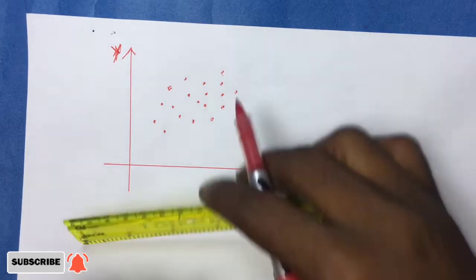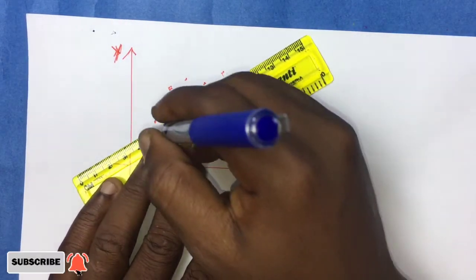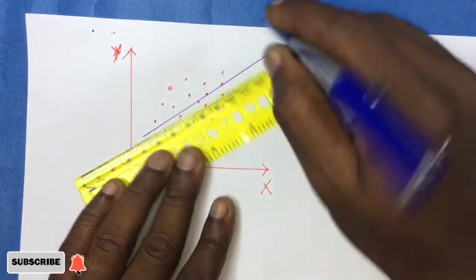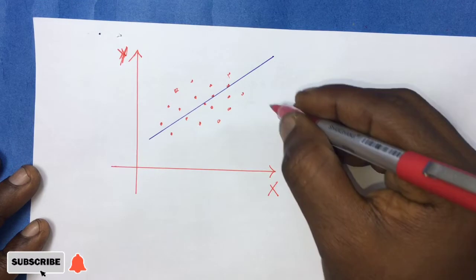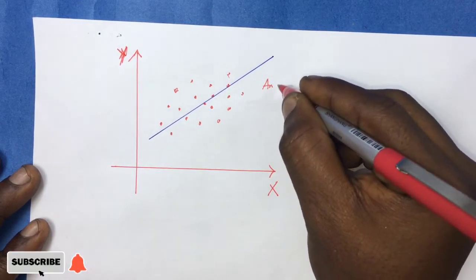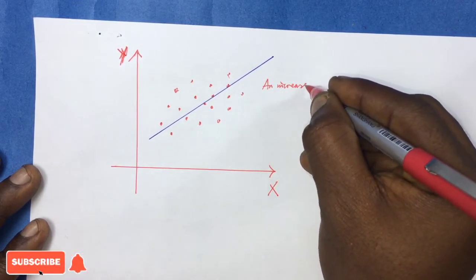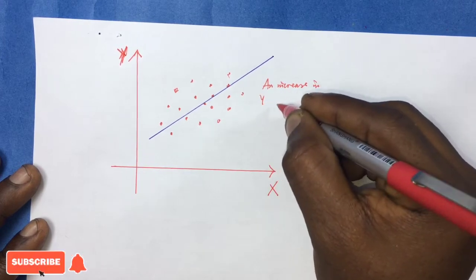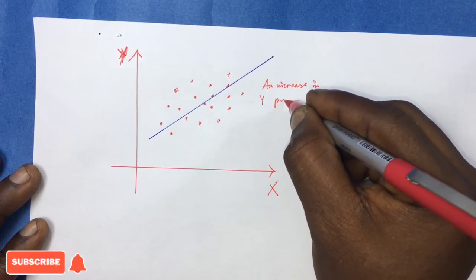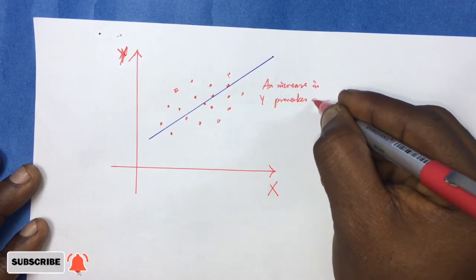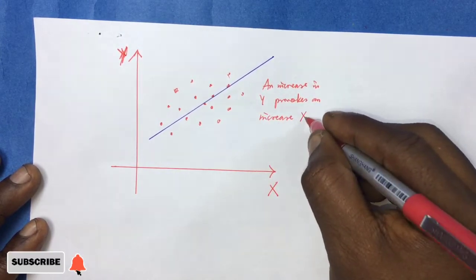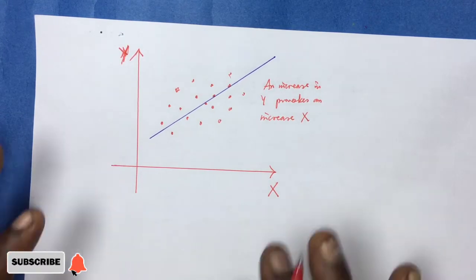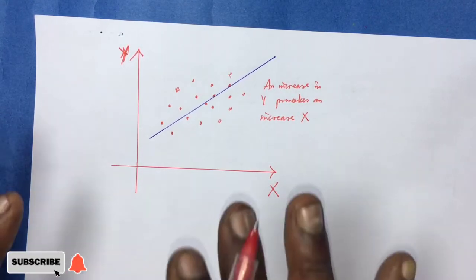If you put a line among these points, you will notice that the line is going upward, telling you that an increase in y provokes an increase in x. So a scatter diagram can actually help us visualize this case.